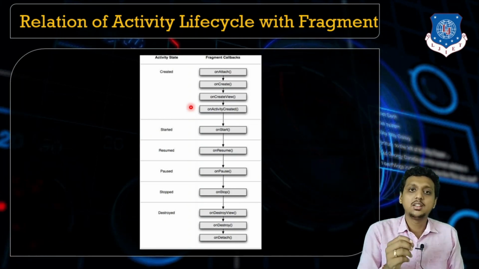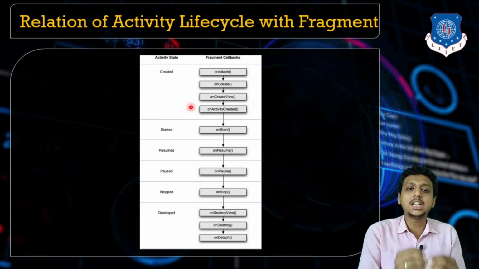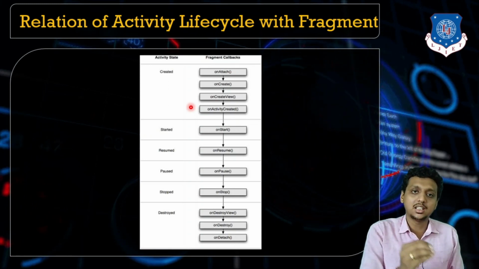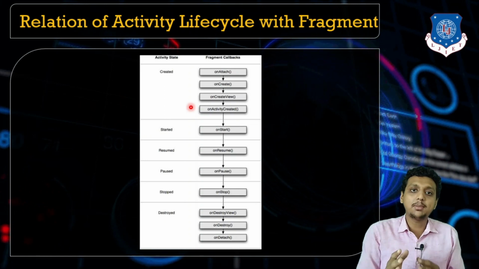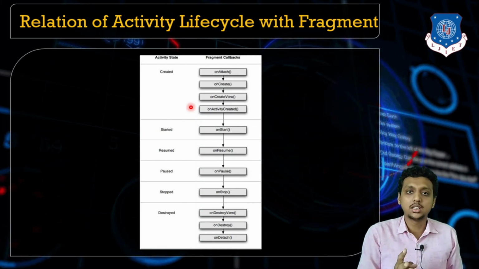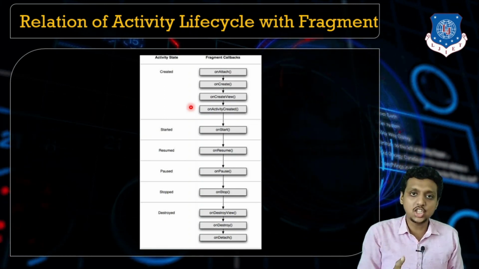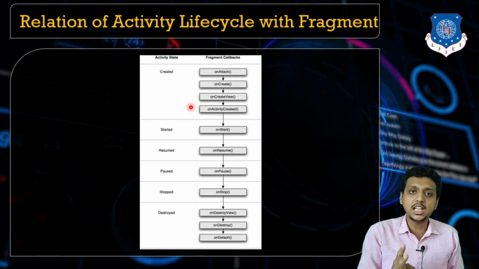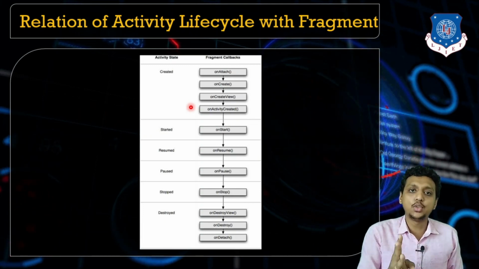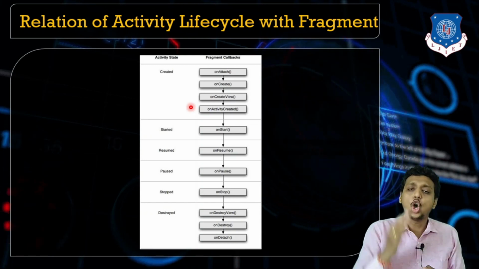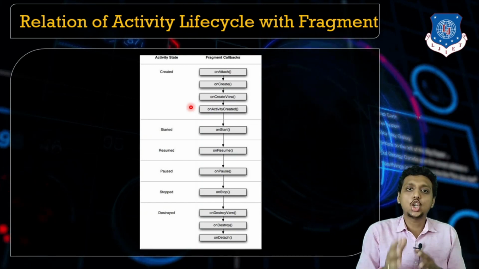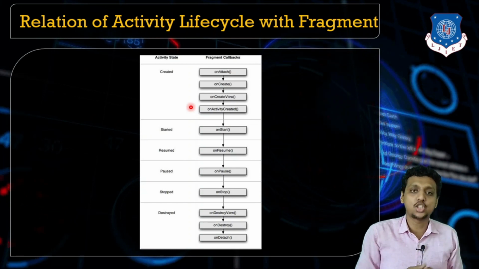The very first thing is the created state. When your activity is created, four methods of your fragment are called. Number one is onAttach, second is onCreate, third is onCreateView, fourth is onActivityCreated. So all these four methods are called during the activity creation.